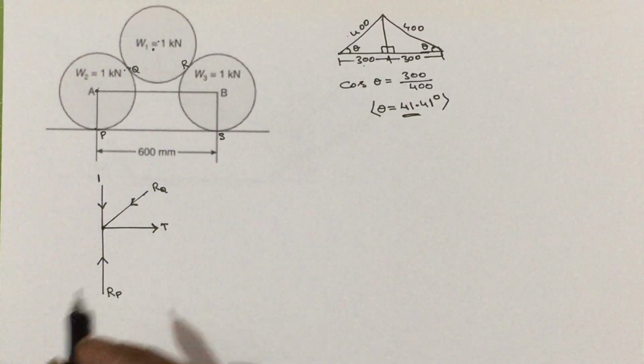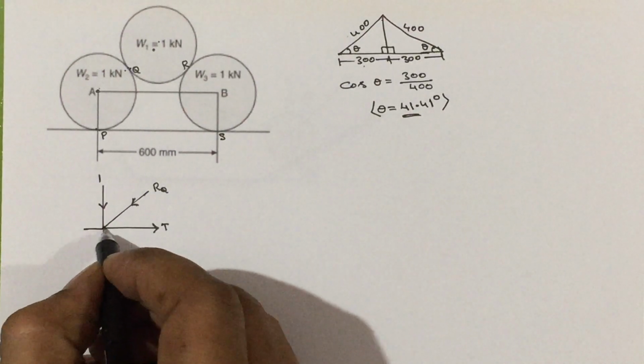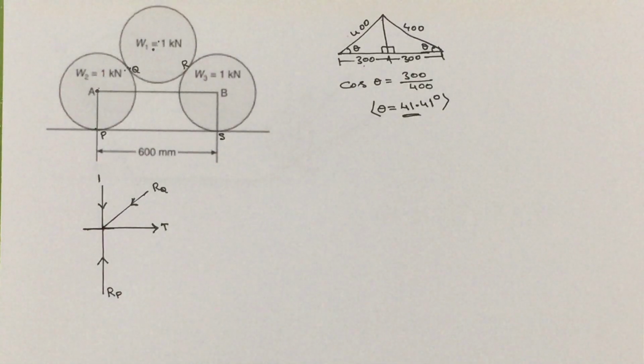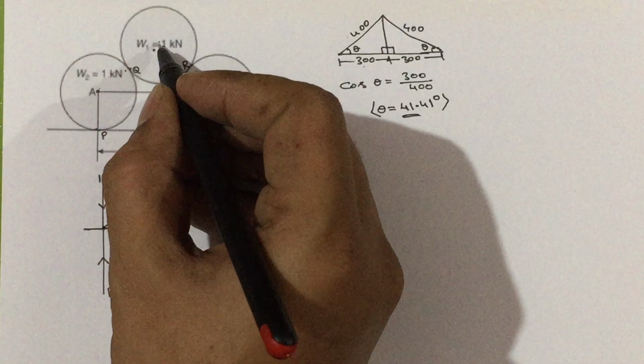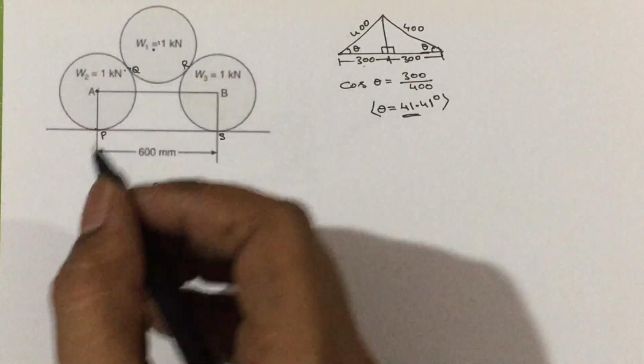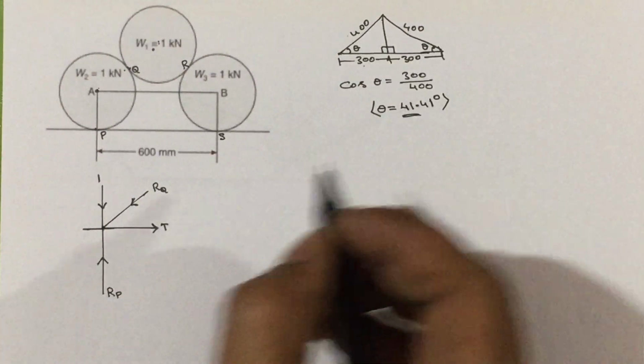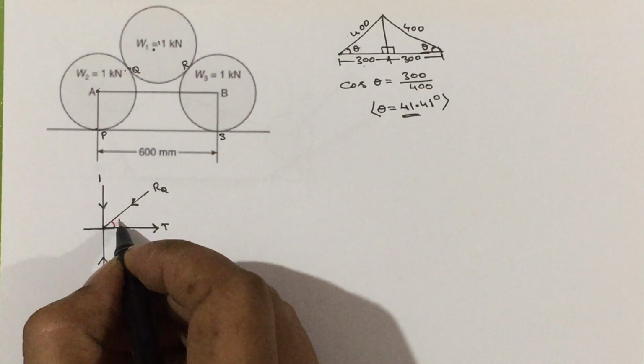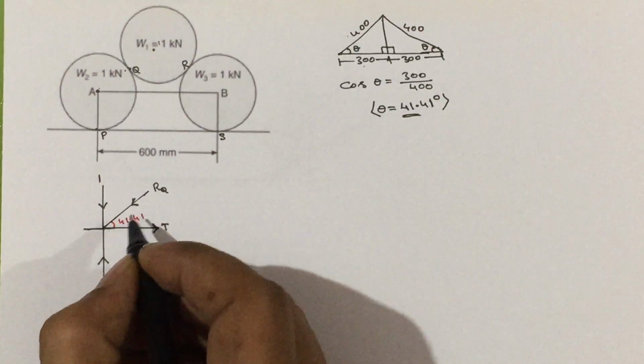Then we need angles, for that draw a plus mark at the given point. Then the RQ line is nothing but the line joining the center to center of these two circles. The angle is already known, that is 41.41.